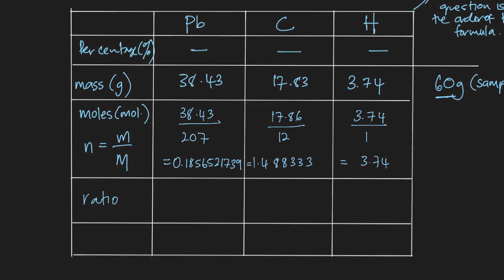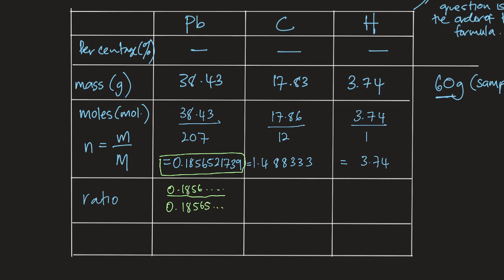So first, to find the ratio, you need to identify your smallest ratio. And in this one, your smallest ratio is this one. So everything needs to be divided by that. So you've got 0.1856 divided by 0.18565.